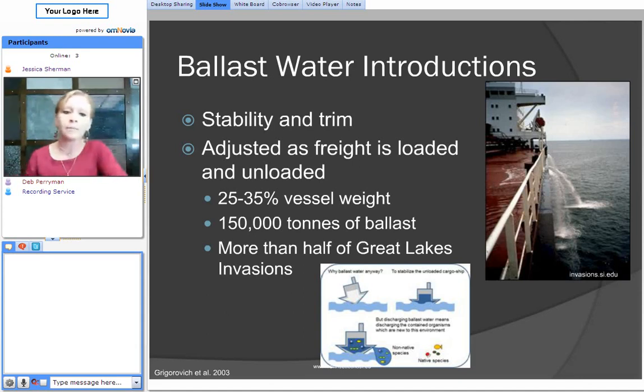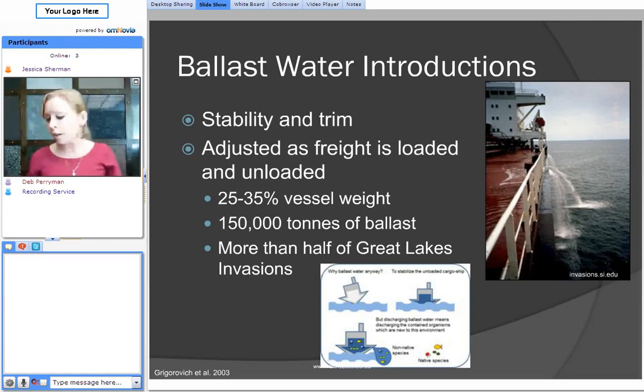So oftentimes anything that would be attached to the vessels as they're traversing the ocean would not be able to survive the ocean, the salt water. So oftentimes the transoceanic freights, yes, it's more likely to be introduced through the ballast waters.